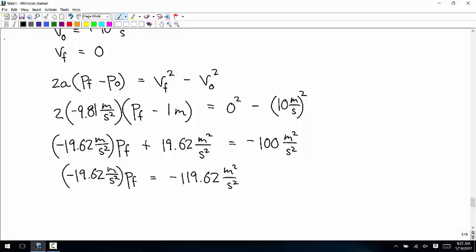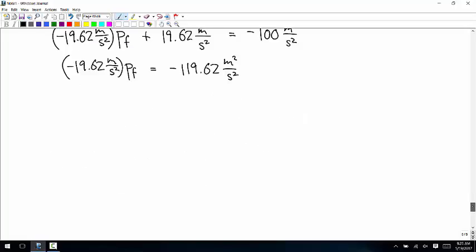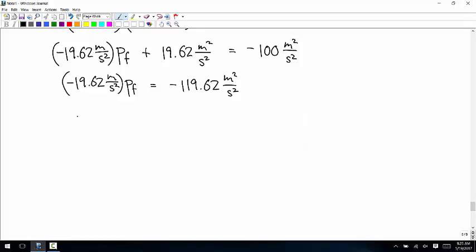Could someone divide that out for me and then tell me. Pf is 6.09. 6.09, I'll just leave it there.